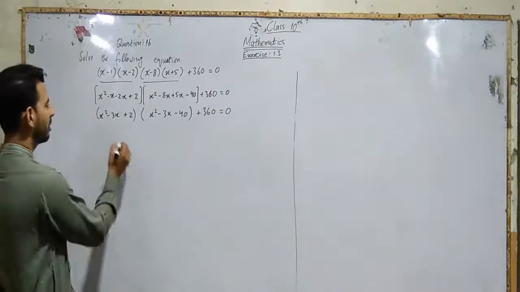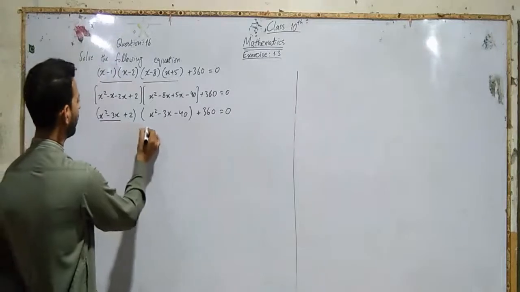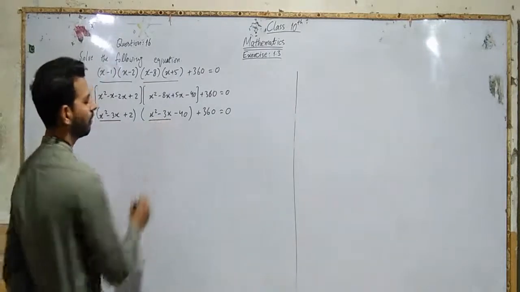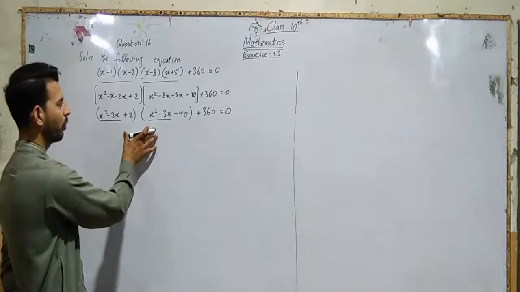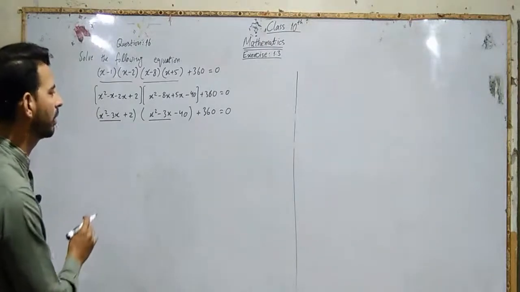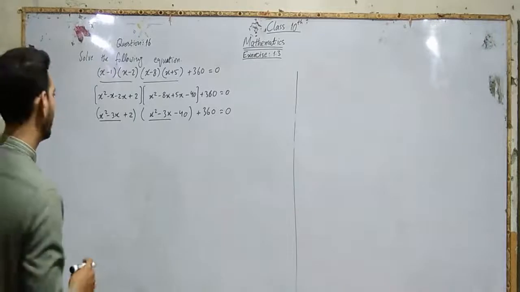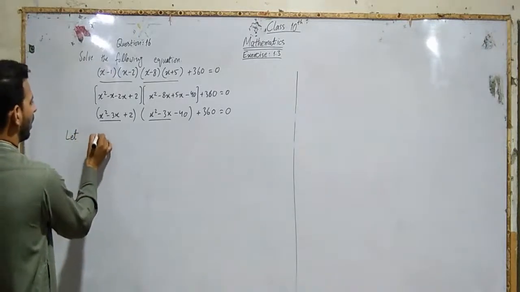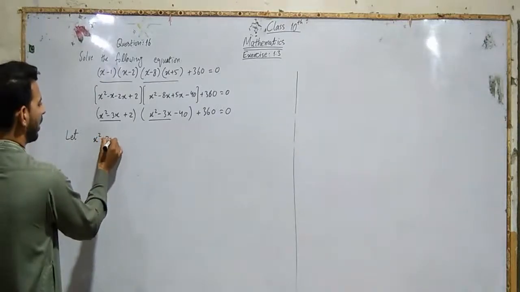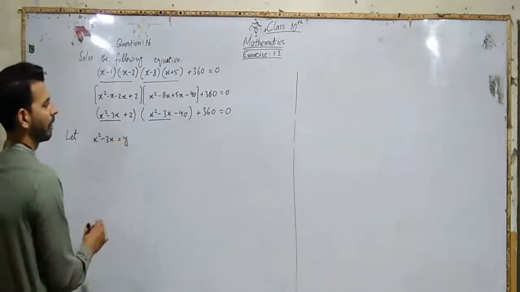As you can see here, x squared minus 3x is common in these two values. So we will let x squared minus 3x equals to y.